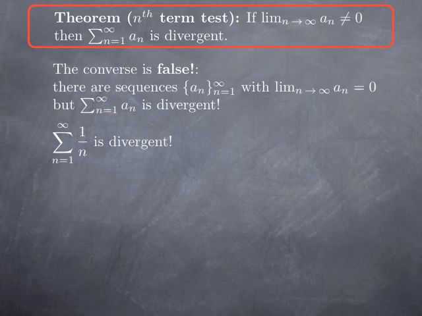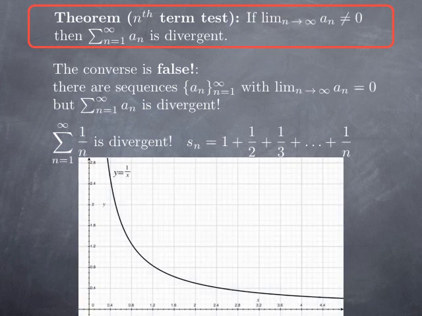1 over x. Just to remind you what we did, we looked at the sequence of partial sums, Sn, so the sum from 1 to n of 1 over n, 1 plus 1 half plus 1 third up to 1 over n, and tried to represent this partial sum geometrically and compare it with the area under the graph of the function 1 over x.